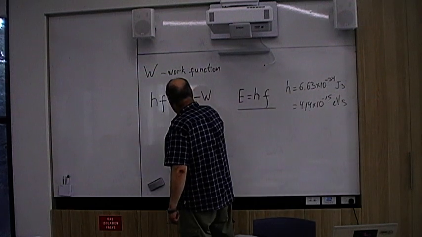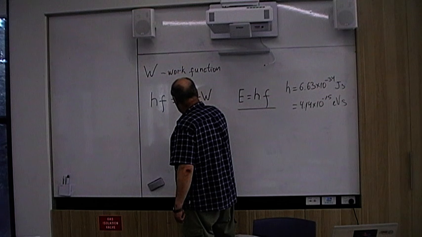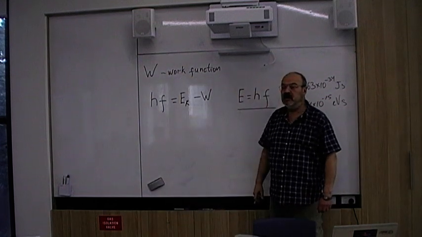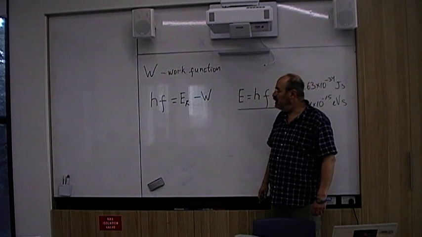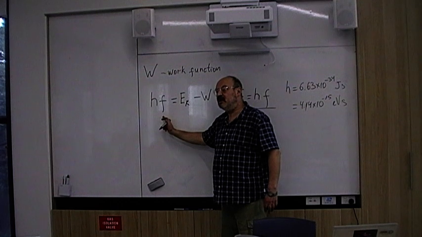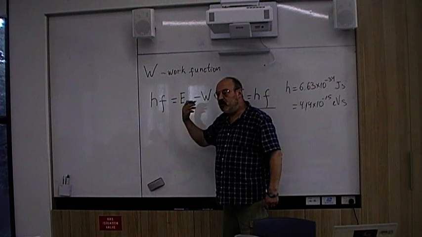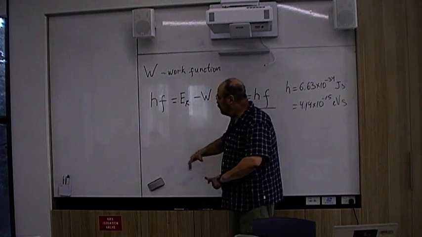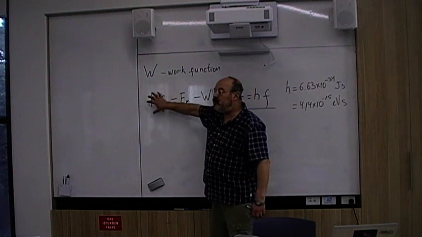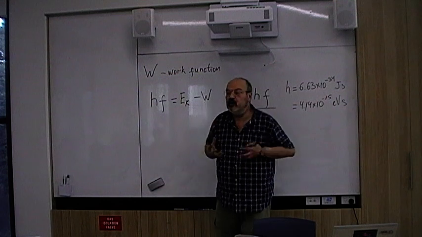So effectively it is the law of conservation of energy for the photoelectric effect. This is hf first. h is Planck's constant, f is the frequency of the light. And this is the equation Einstein gave describing the photoelectric effect. This is how much energy one photon brings.